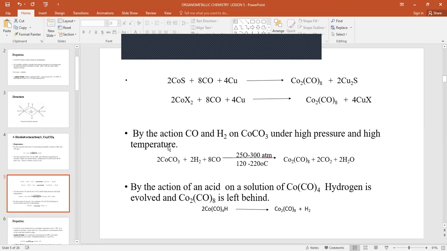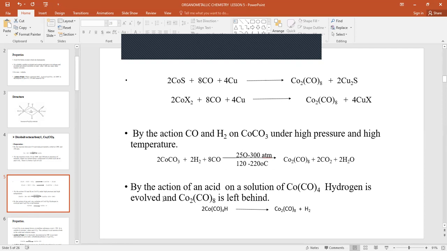It can also be obtained by the action of carbon monoxide and hydrogen on cobalt carbonate under high pressure and higher temperatures. Cobalt carbonate plus hydrogen plus carbon monoxide at 120 to 220 degrees Celsius and between 250 to 300 atmospheric pressure, we obtain the dicobalt octacarbonyl.